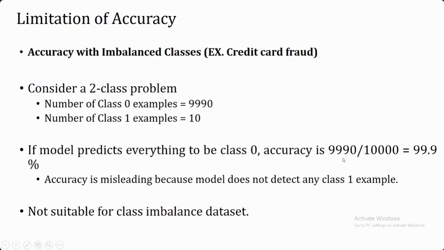Then the accuracy is going to be this divided by this total. So what we are getting is 99.9%. Based upon this we can say our model is performing very well for this data set, but internally it is working only for one class, it is not working for the other class. So this is the problem we have in case of accuracy.